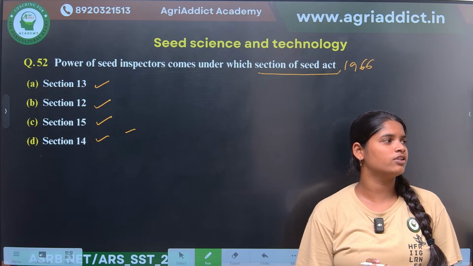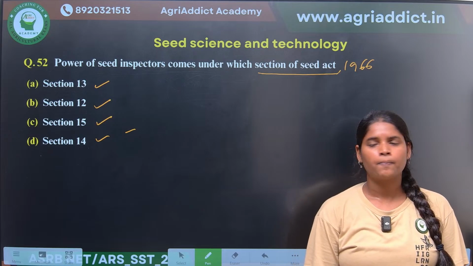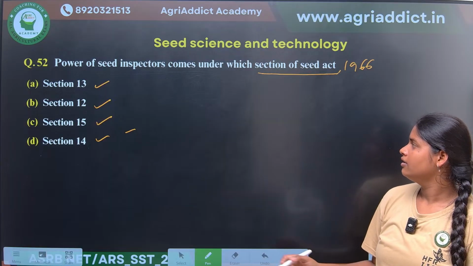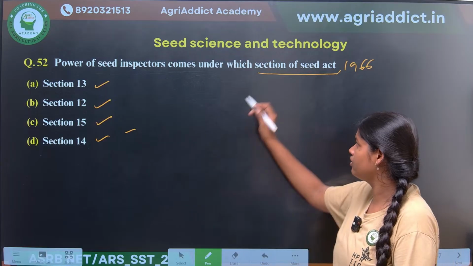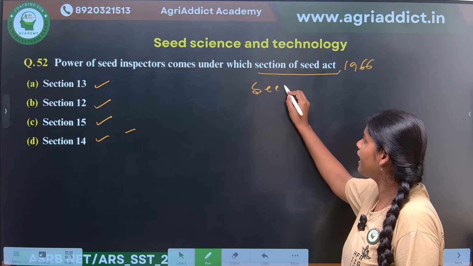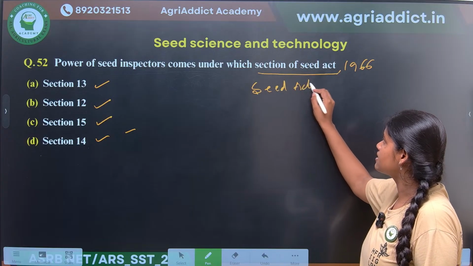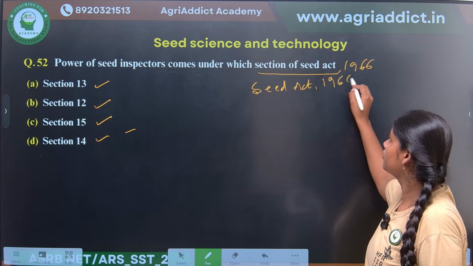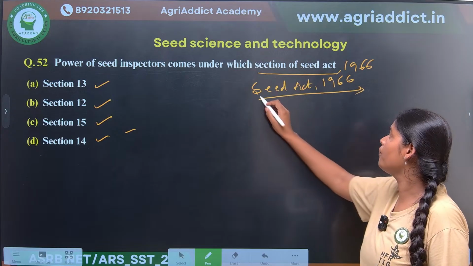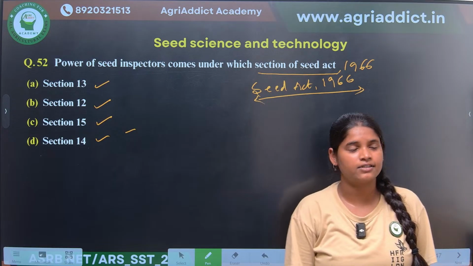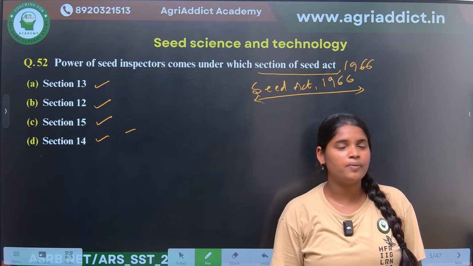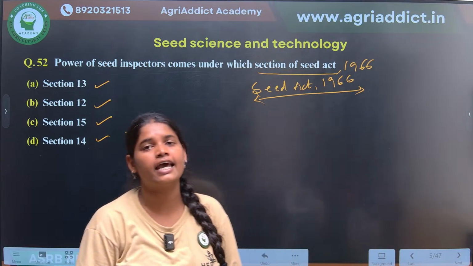Right. Shrikant, you answered it right. This is also a factual question. Just tell me how many sections we have in the Seed Act.